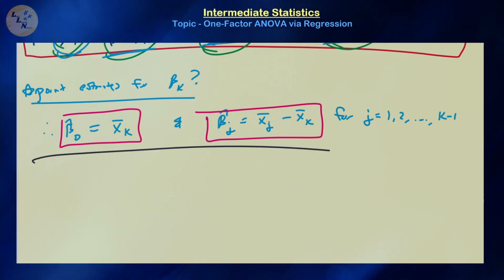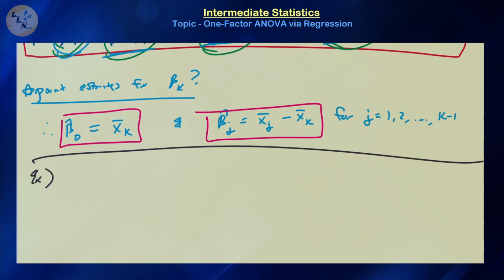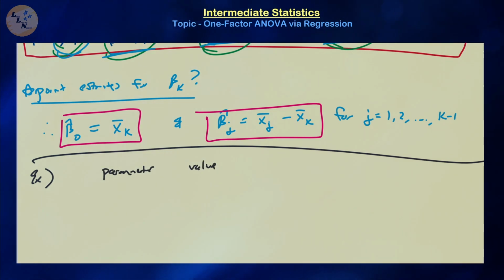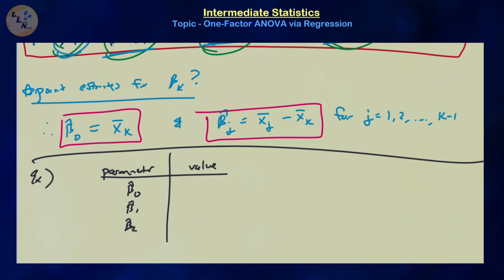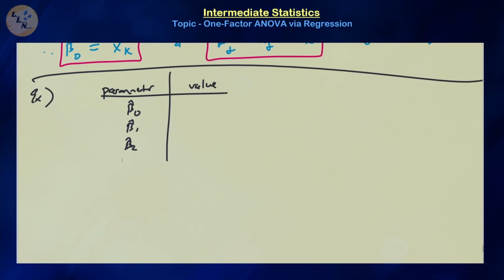So let's make a little table to sort of organize our results, and let's do it for our particular example. So our parameter and then our estimate, right? So we're going to have beta hat 0, beta hat 1, beta hat 2, beta hat 3, and beta hat 4, right?